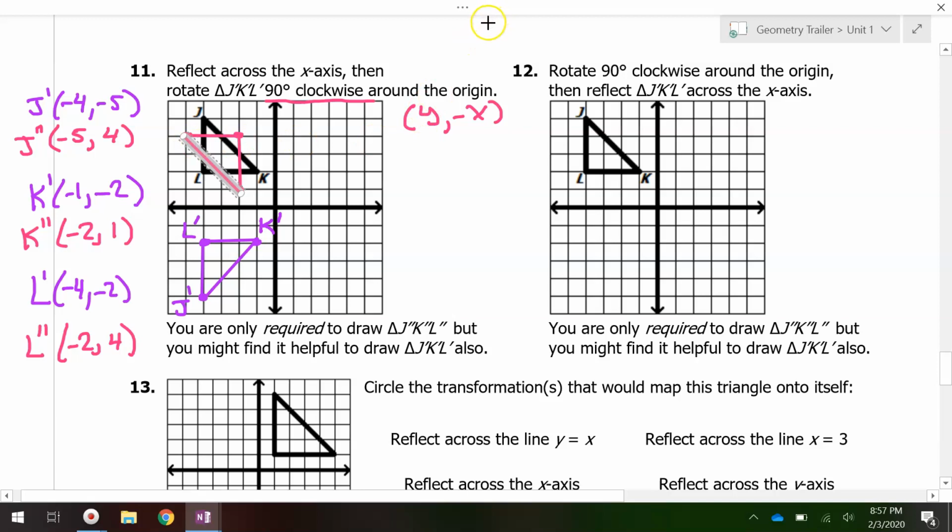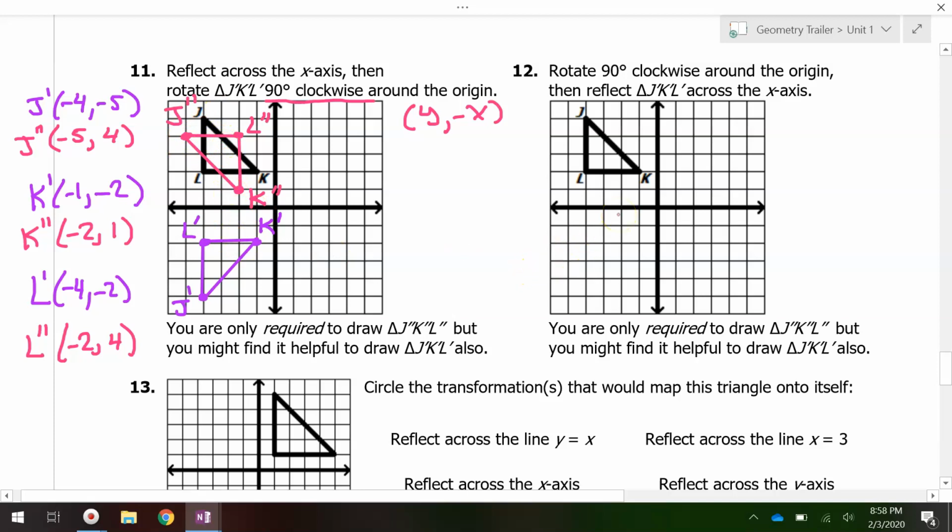All right, so this is the image that's rotated 90 degrees clockwise. Now I do need to label these. So this was J double prime right here, and this is going to be K double prime, and this is L double prime. All right, and that's the final answer. So the final answer is the red shape.